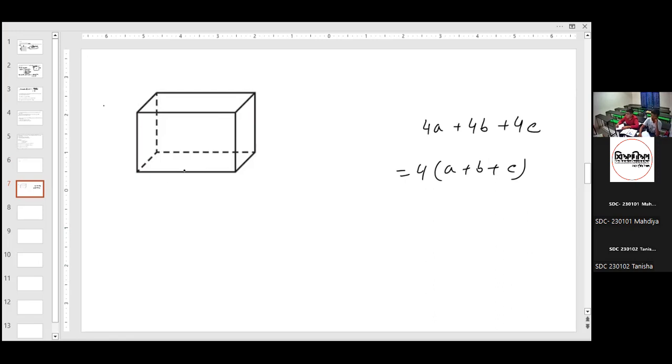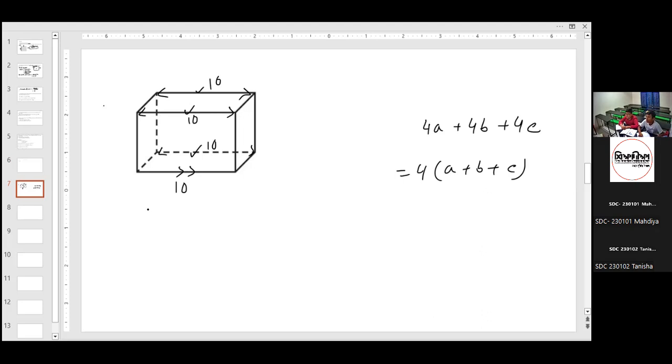Now, let's say this one is the length. How many lengths do we have? 1, 2, 3, 4. If it is 10 centimeters, this is also 10 centimeters, and this side is also 10 centimeters. What is the total length of these four sides? 40.